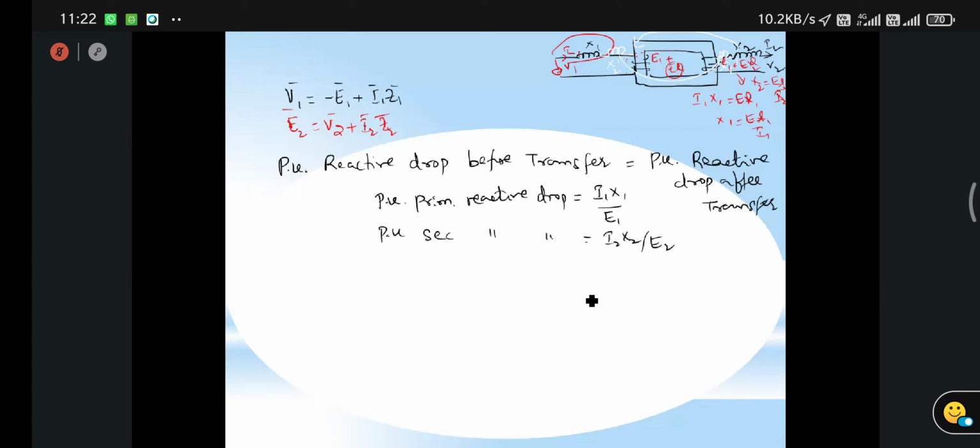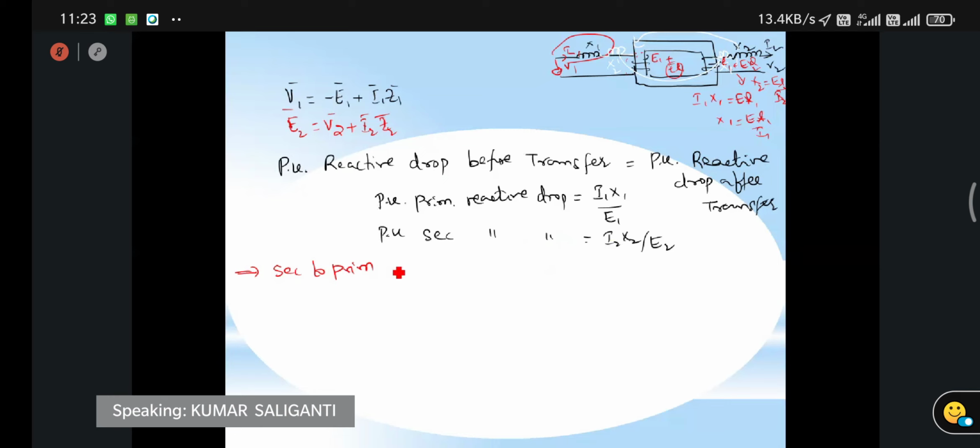I am transferring the secondary to primary and primary to secondary like that. Again, secondary to primary, transferring this per unit primary reactive drop from secondary to primary. So secondary to primary is what you get here.